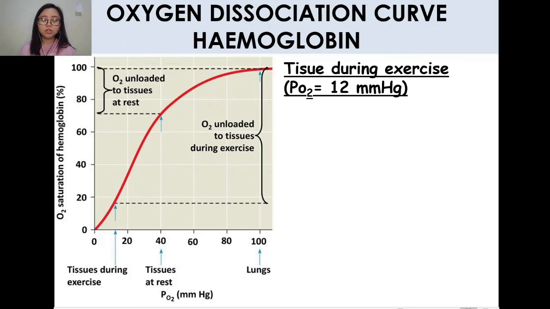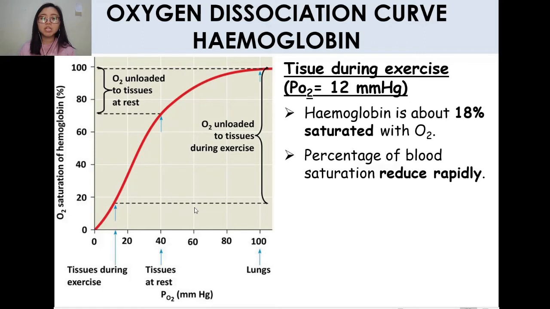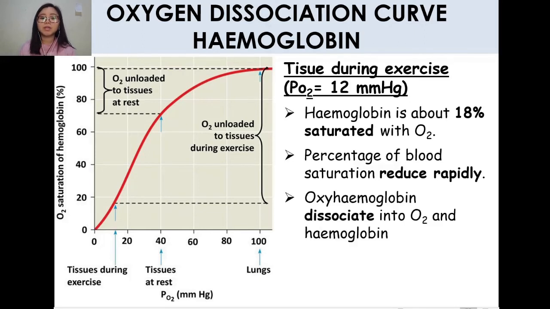When there is low concentration of oxygen, of course, you will have low partial pressure of oxygen. When you're exercising, partial pressure of oxygen in your tissues is 12 mmHg. At 12 mmHg, hemoglobin is about 18% saturated with oxygen. The percentage of blood saturation will reduce rapidly because oxyhemoglobin dissociate into oxygen and hemoglobin.